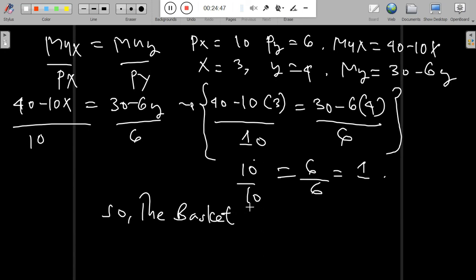So the basket consumption of goods X and Y satisfies the utility maximization equilibrium level. So the basket consumption is in equilibrium. So that is how we solve.